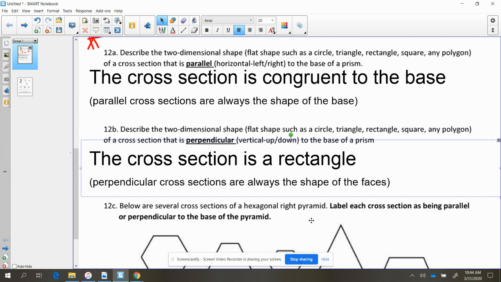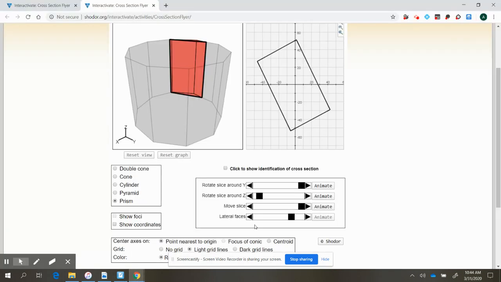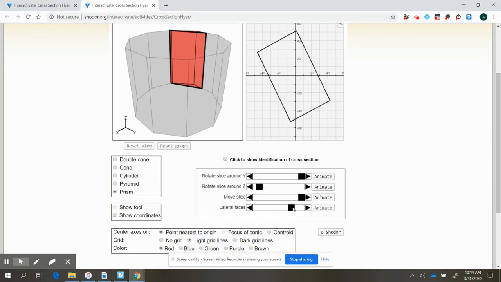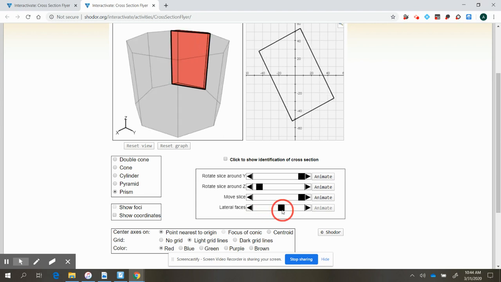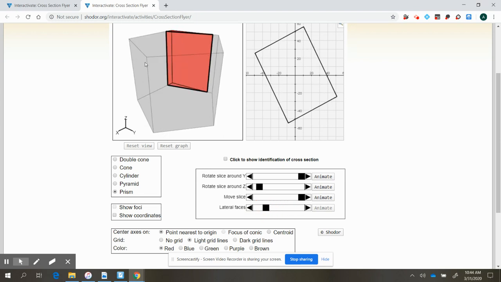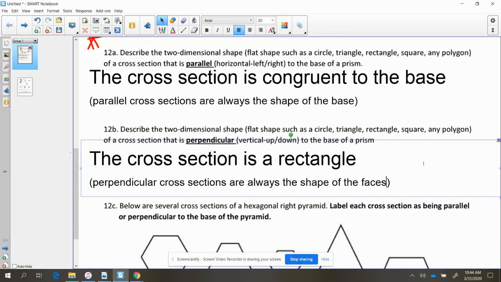So in this case, no matter how many sides our polygon has, again, we can change around the number of sides, notice these faces along the side are always rectangles, so that's going to be the shape of our faces.